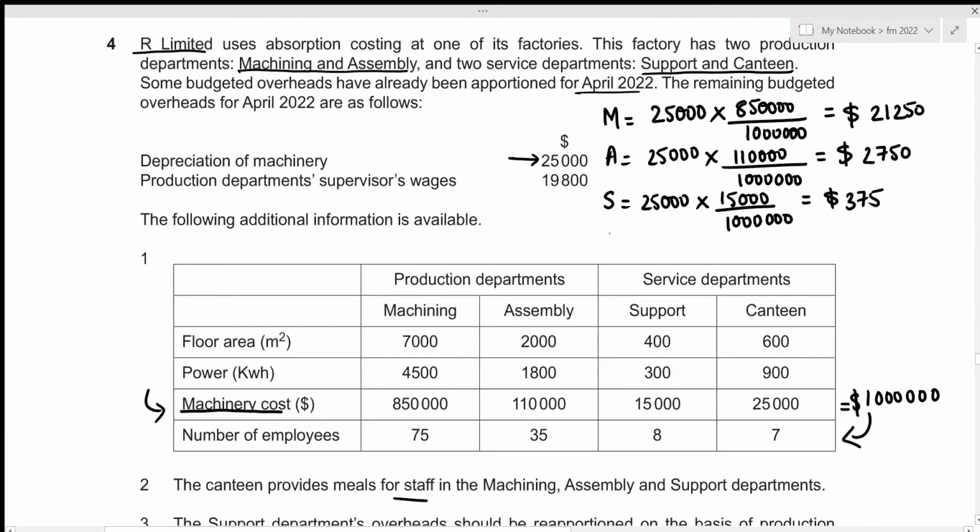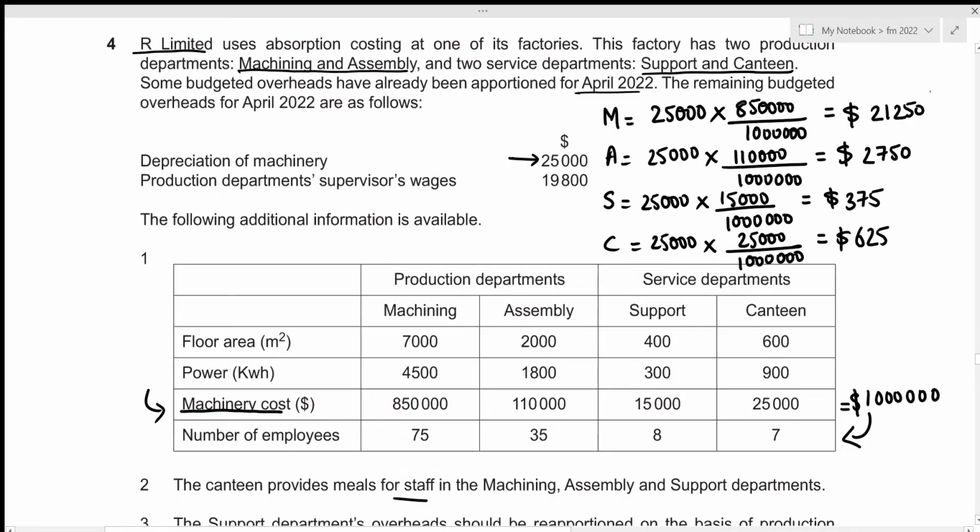Now finally for canteen, that's 25,000. And we can see that out of 1 million machinery cost, 25,000 belongs to canteen. So that's 25,000 divided by 1 million, which gives the depreciation of machinery to be apportioned to the canteen department to have the value of 25,000 times 25,000 divided by 1 million, which is 625.